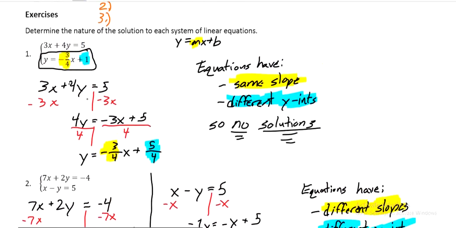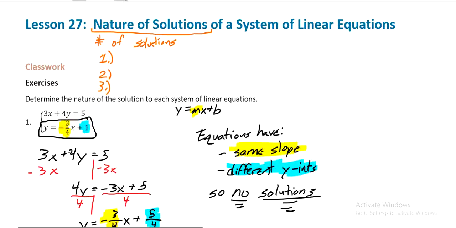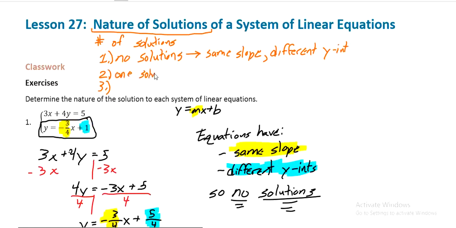So let's summarize what we have up here. For our number of solutions, we can either have no solutions when you have the same slope and a different y-intercept, or one solution when you have a different slope and a different y-intercept.